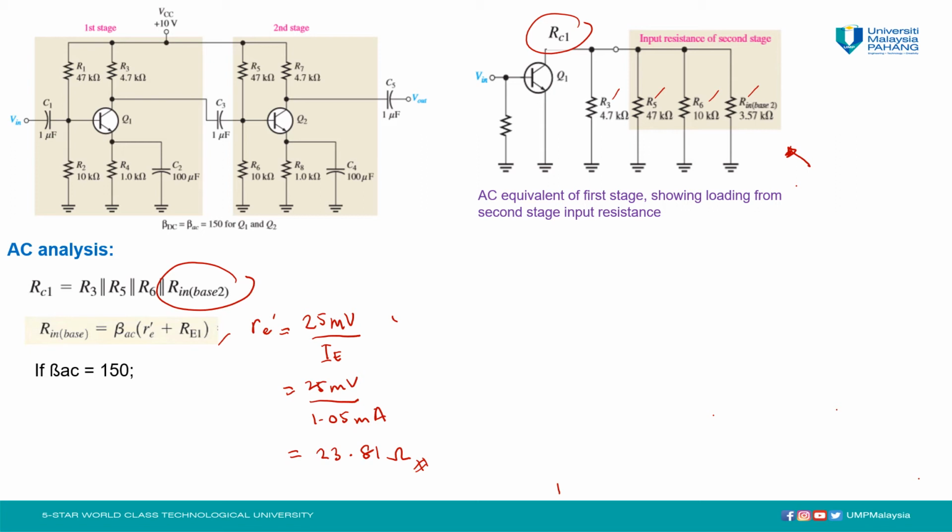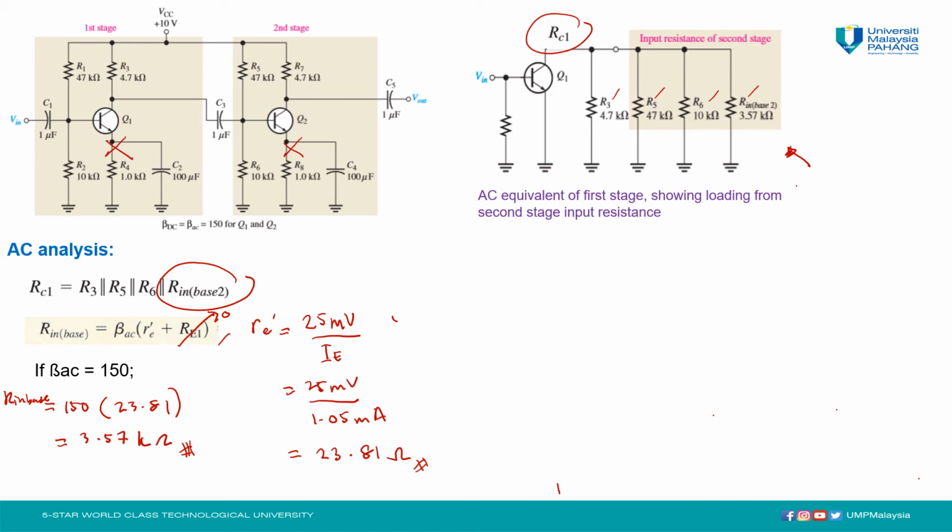Now we can calculate R in base if beta AC is given by 150. So beta AC 150 times 23.81, but RE here is 0 since the capacitor here is open. So R in base equals 3.57 kilo ohm.